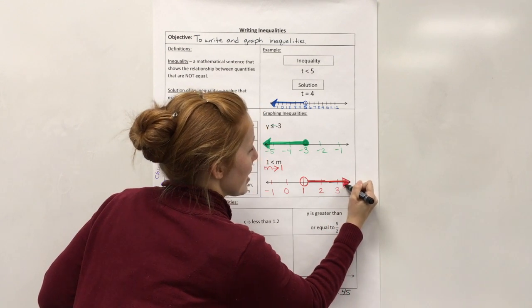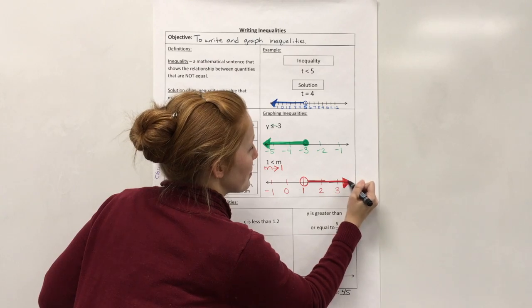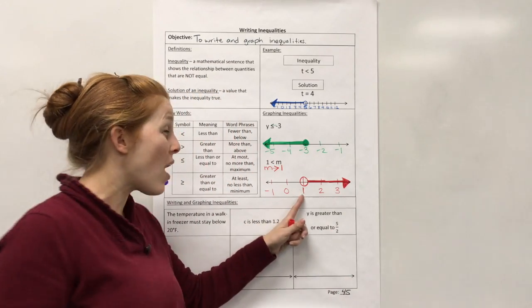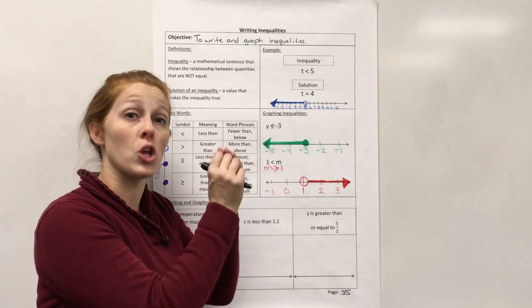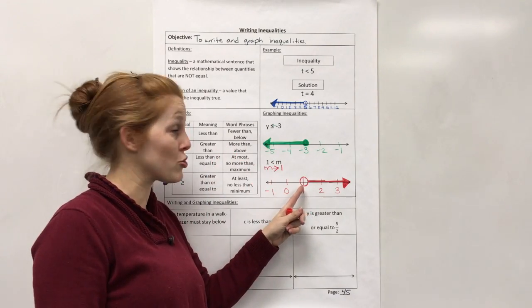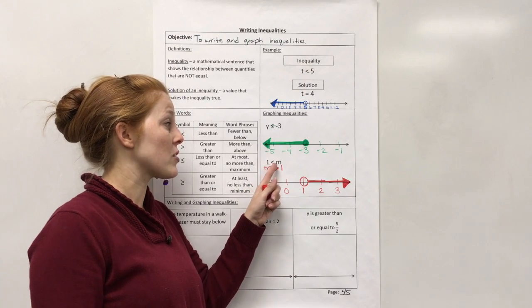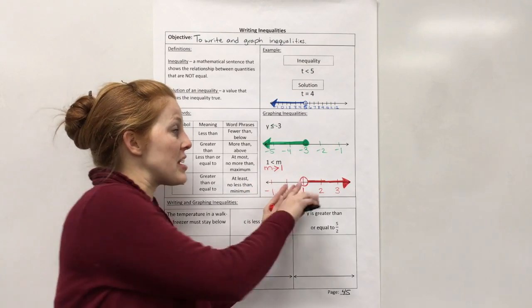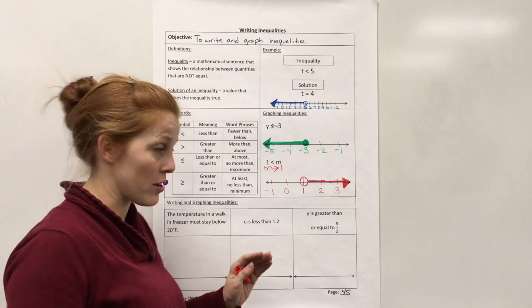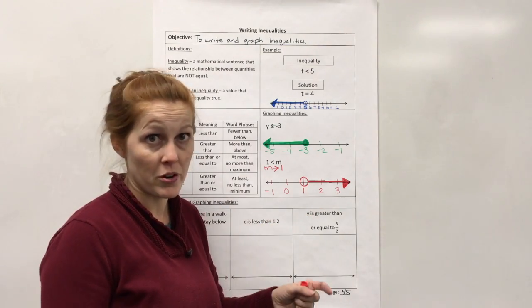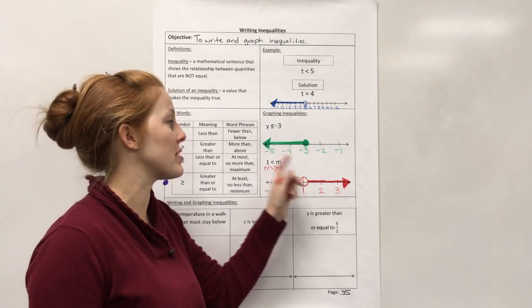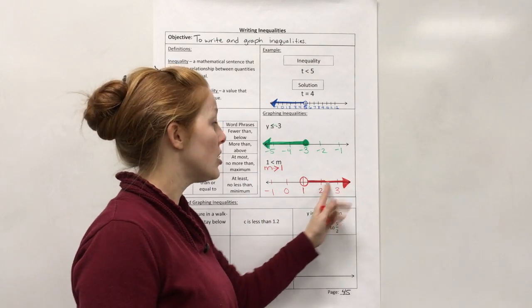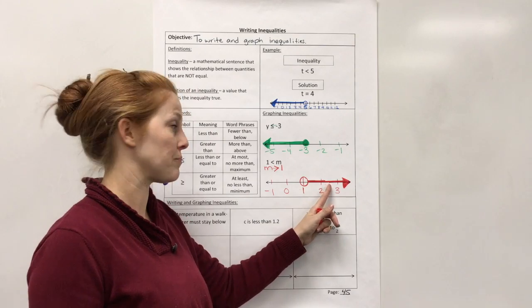All right, and so this open circle right here means that 1 itself is not a solution. Okay, right here, -3 was a solution because it's closed. Right here, 1 is not a solution because 1 is not greater than 1. But anything to the right of 1 would be greater. 1.1 would be greater. That would be a possible solution. 2 could be a solution. 3 could be a solution. Anything along this arrow. 2.5 could be a solution.